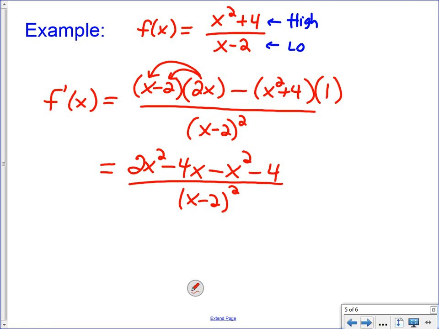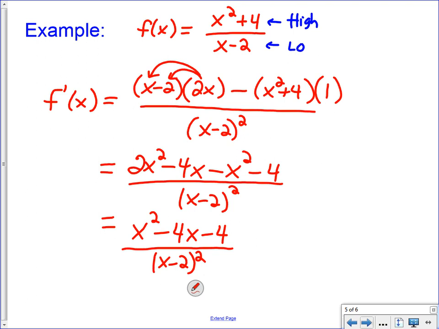All right, and then combine your like terms. 2x squared minus 1x squared is 1x squared minus 4x minus 4, all over x minus 2 squared.